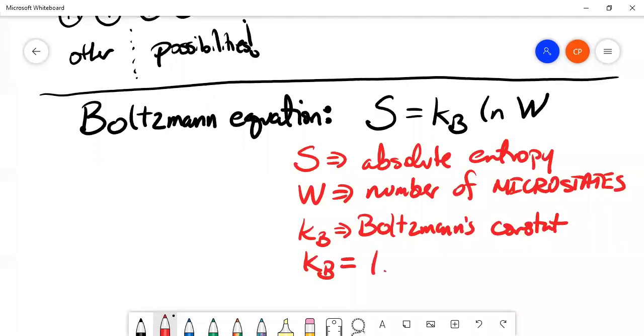Its value is 1.381 times 10 to the negative 23rd. And its units are joules per Kelvin. I'll talk about why the units are joules per Kelvin when we get into class on Tuesday of next week. Okay?